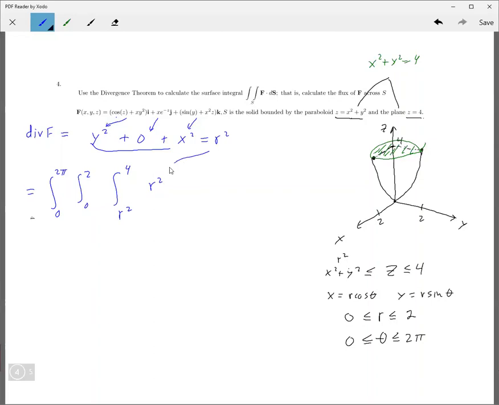So it's r squared, and then r dr. Yeah, so the area element is r dr d theta. So this r right here is that one there. Okay, so there's no thetas in it. That's going to be 2 pi. Yay.